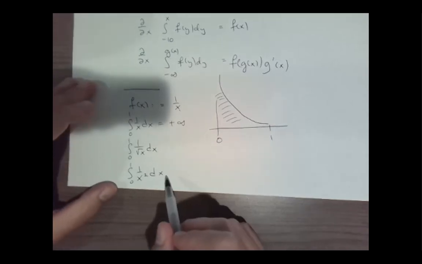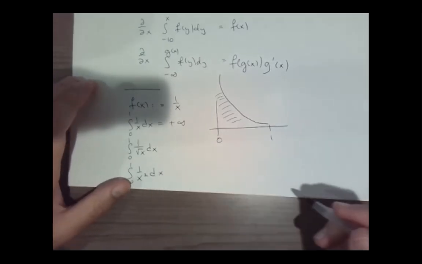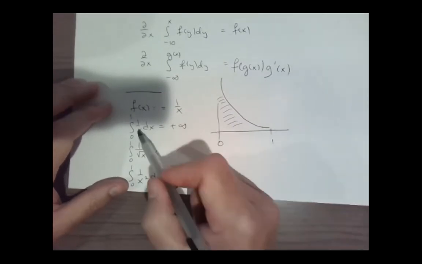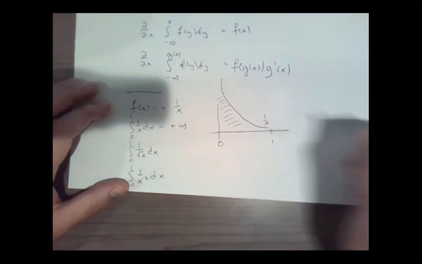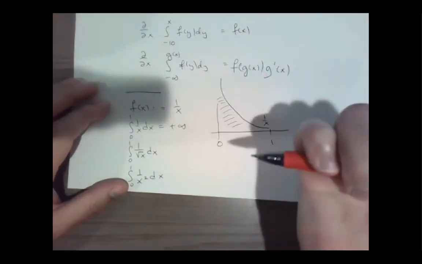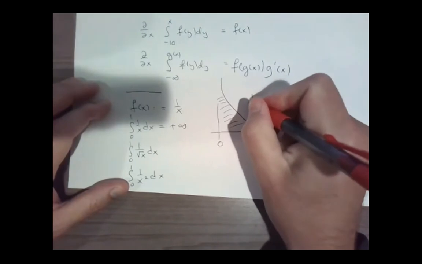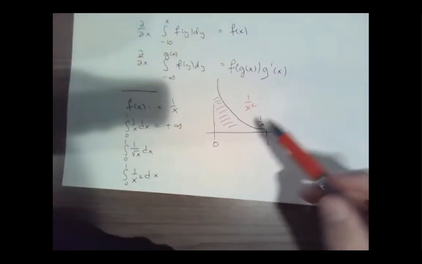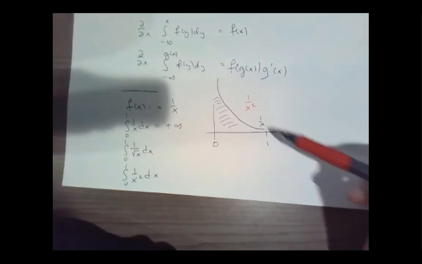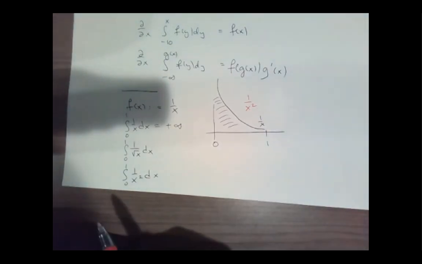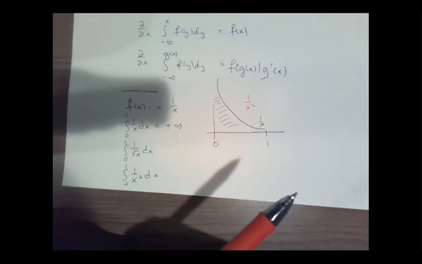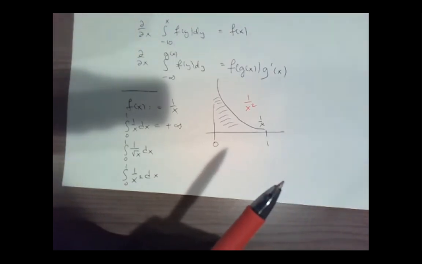Why don't we start with the last one first? But look at the picture. This is my 1 over x, and now I want the red one to be 1 over x squared. Which one is biggest, 1 over x or 1 over x squared? 1 over x. Are you sure?